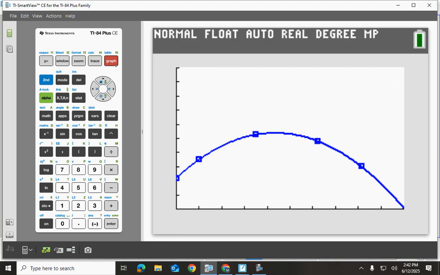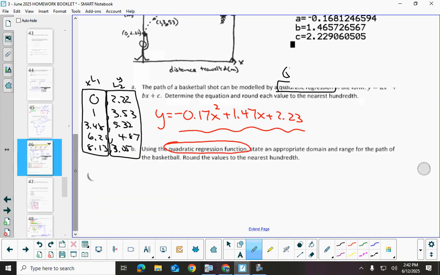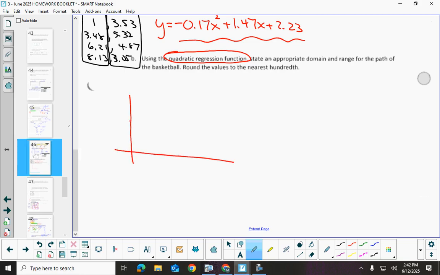The question says, state the appropriate domain and range. Here's the thing. This point right here where my finger is, that is where the ball hits the hoop, right? That's where it goes into the basket. So this part of the curve right here, I actually do not need. So in terms of the graph, it's just that.